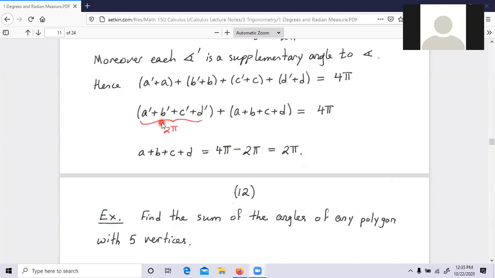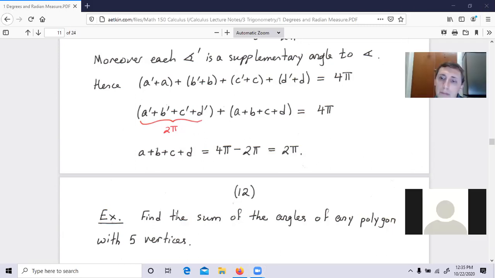The inner angles. If I add up the inner angles, you can just give me the answer for 5 vertices if I sum up the inner angles. The outer angles, yes, you're right, 2 pi, but the inner angles, what do I get?